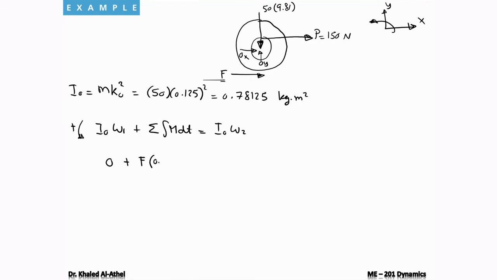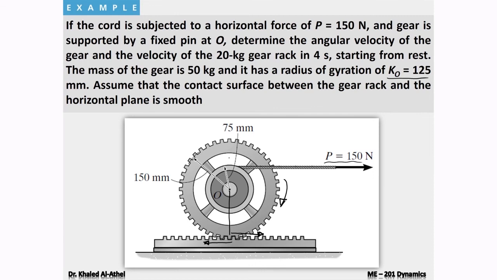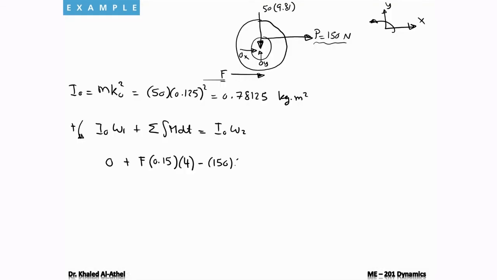So F times 0.15 times the time, which was given as 4 seconds. And then I have force P giving me clockwise, which is negative. So it's going to be minus 150, then the radius to make it a moment, which is 0.075. And also don't forget to multiply by the time to make it an impulse.